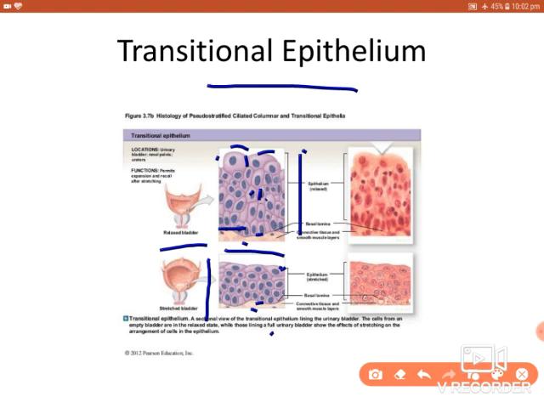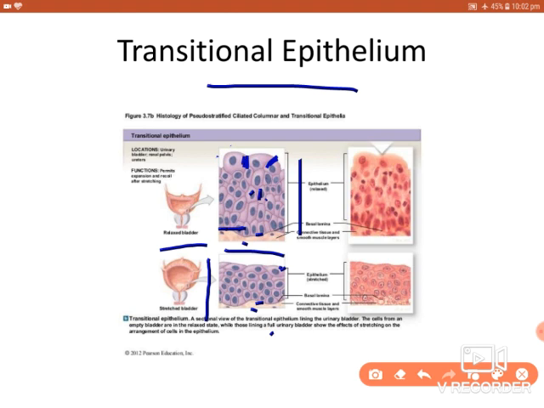Additionally, the superficial cells are well developed and connected by intercellular connections and cellular junctions.